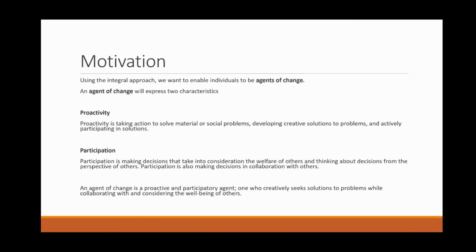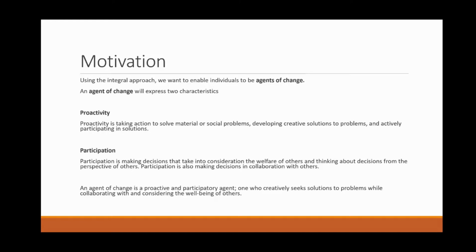An agent of change is a participatory agent. A participatory person makes decisions really thinking about the well-being of others, thinking about how their decisions influence the well-being of others, and making decisions in collaboration with others. So an agent of change is proactive and participatory.